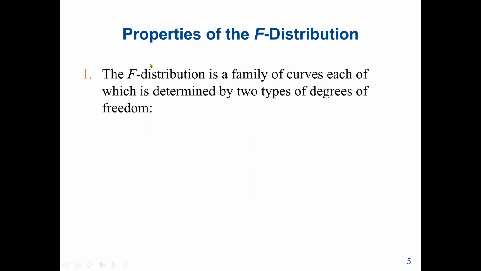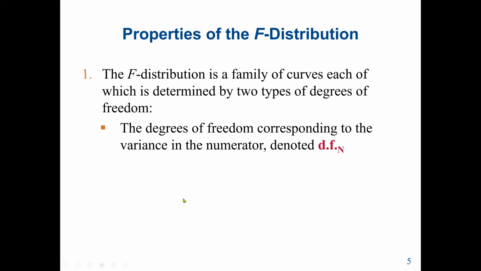So what are the properties of the F distribution? The F distribution is a family of curves, each of which is determined by two types of degrees of freedom: the degrees of freedom for the numerator and the degrees of freedom for the denominator.